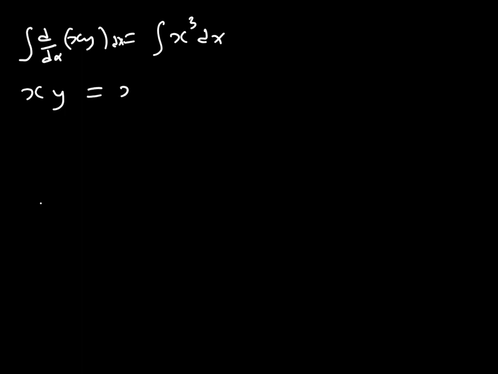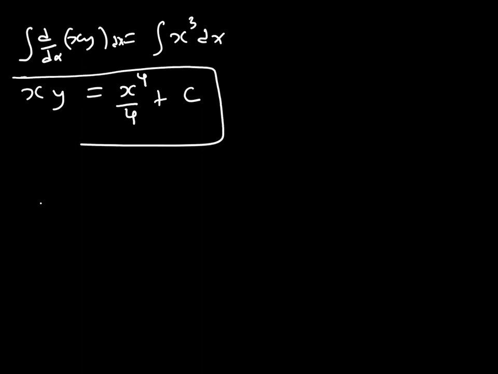So we have xy equals x to the power 4 over 4 plus a constant of integration. This is the solution to our differential equation, and we have done it.